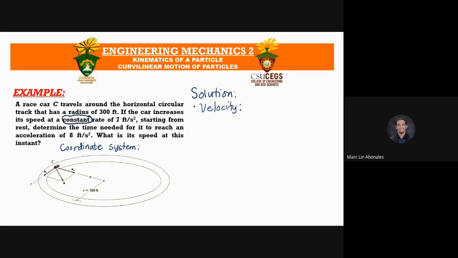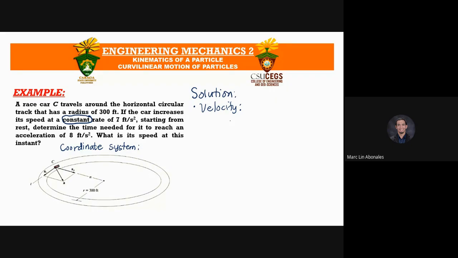And if you remember the discussion about the tangential acceleration, if the tangential acceleration or the a_t is constant, like here in the problem at 7 feet per second squared, the equations we will use are the equations we used before for the free-falling body and also for the motion of projectile.